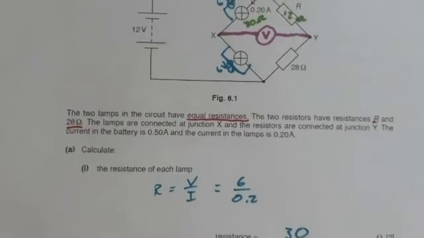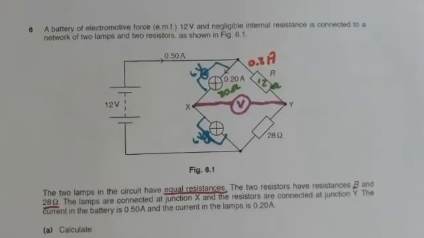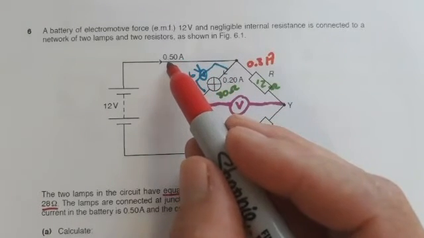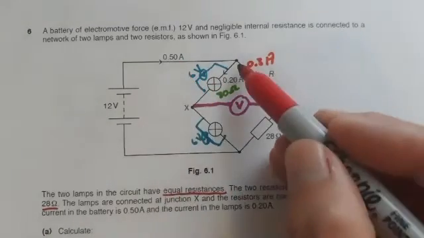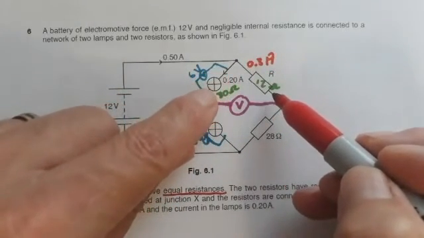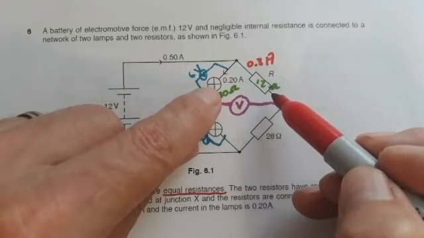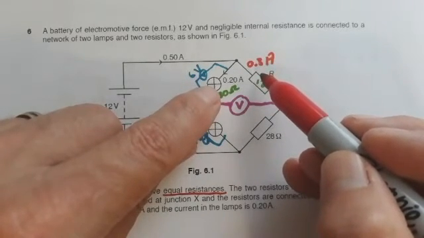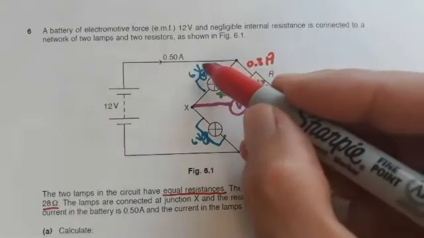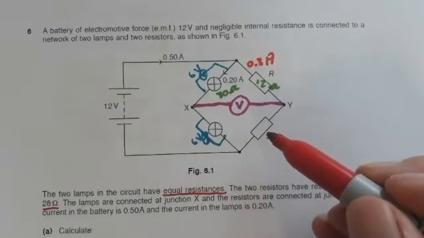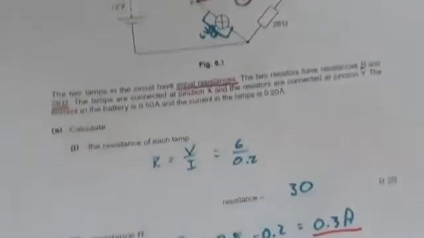So immediately this is what I can say and do. Because my main current is 0.5 and this is a junction, my current splits. So in the one branch it is 0.2 and in the other branch it must be 0.3 ampere. Same principle. This is nothing else than a branch. Listen, they're drawing it weird. I'm just going to take this away.